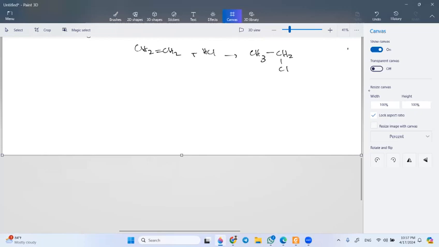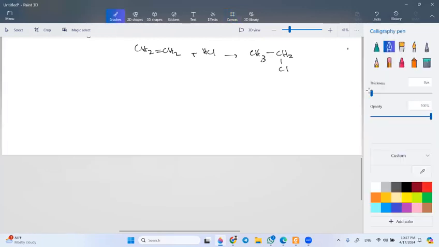But if it is asymmetrical, something like this, if I take this sort of molecule, like propene, CH double bond CH with HCl, what happened there? There are two possible things. One is major product, the other one is minor product.